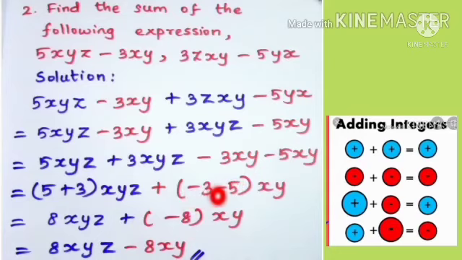That is, minus 3 minus 5 is equal to minus 8xy. Thus 8xyz minus 8xy is the required algebraic expression for the given algebraic expressions.